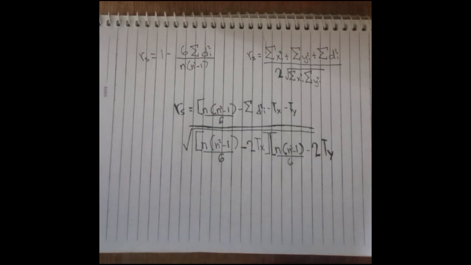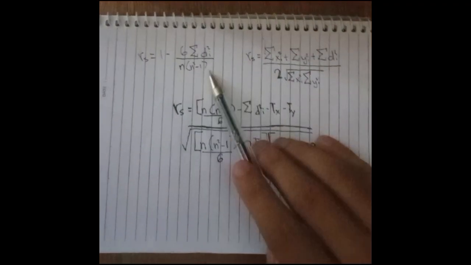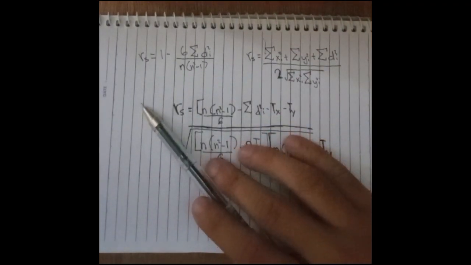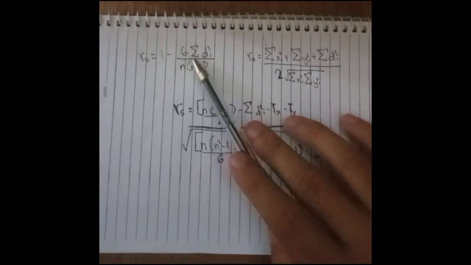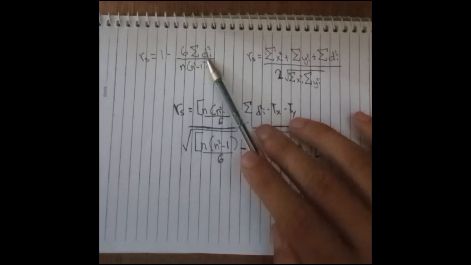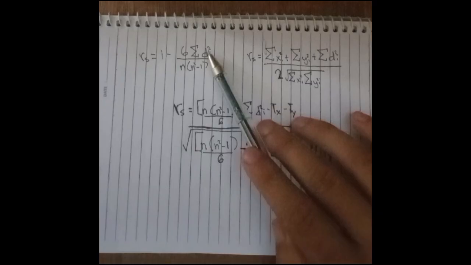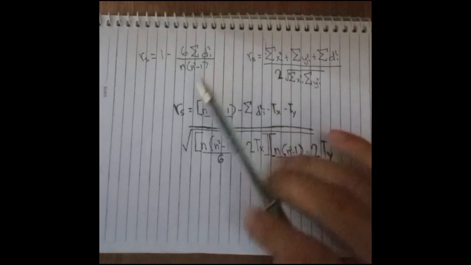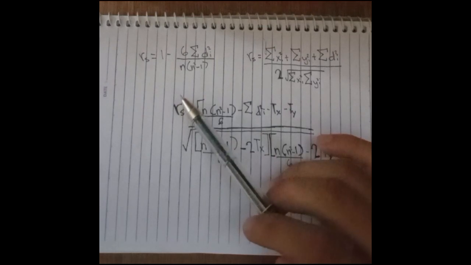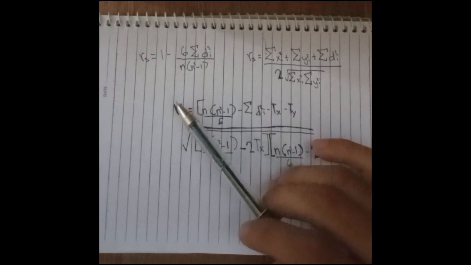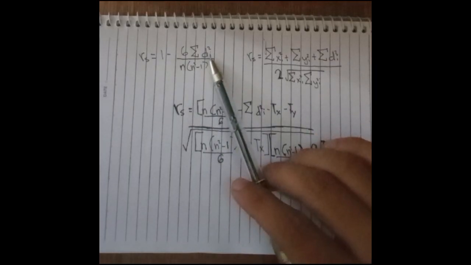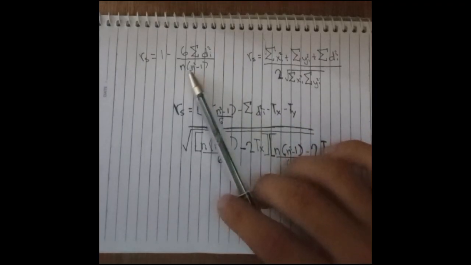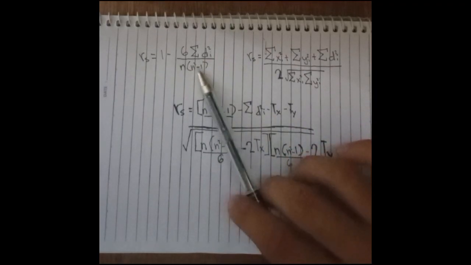But if the data does not have identical values, then we can use this formula: Spearman's rho, or r sub s, is equal to 1 minus 6 times the summation of d squared, where d sub i is the difference of rank variable x minus rank variable y, and the differences are squared, divided by n times n squared minus 1.